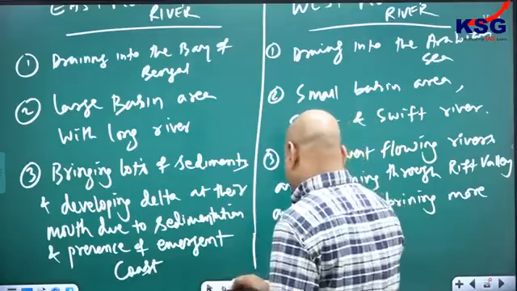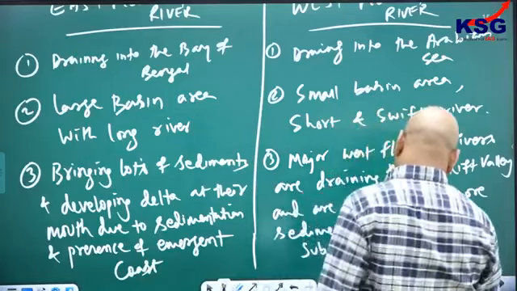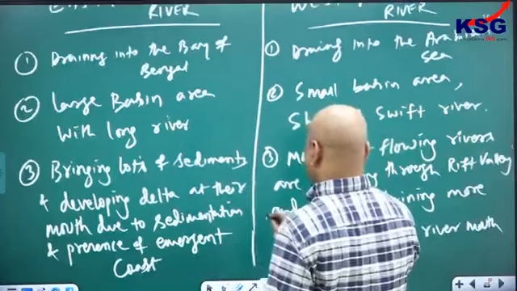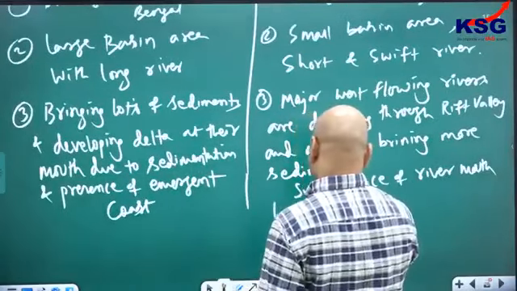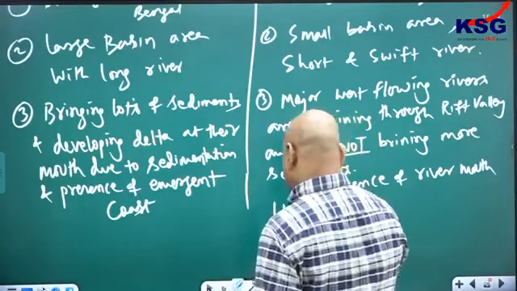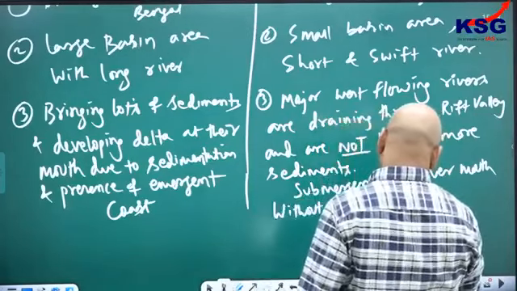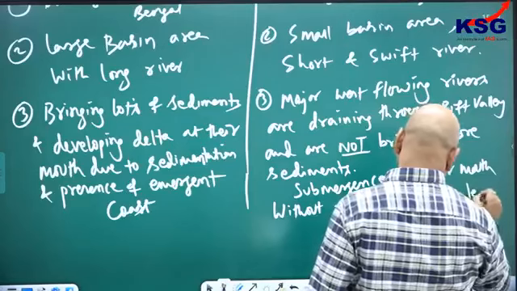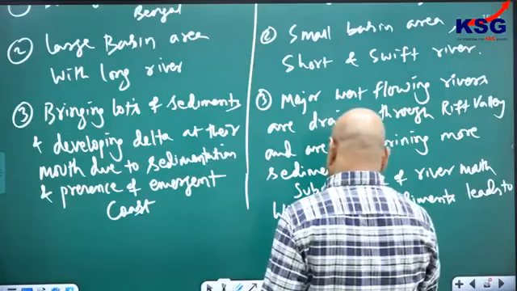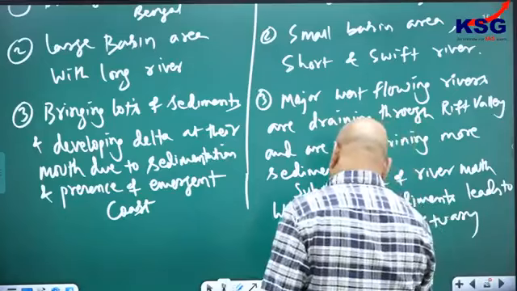Submergence of river mouth without much sediments leads to development of estuary at its mouth.